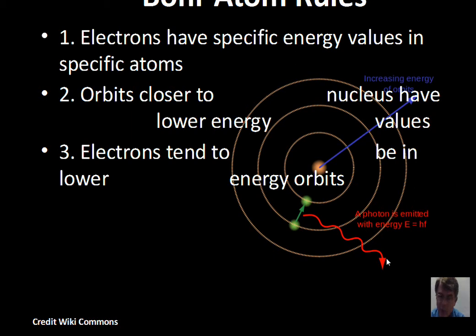We get a certain wavelength for that light, and that energy and that wavelength is related to the energy difference between these two orbits. If I have an electron drop from a more distant orbit towards the nucleus, there's going to be more energy released there, and we'd have a shorter wavelength light coming out.